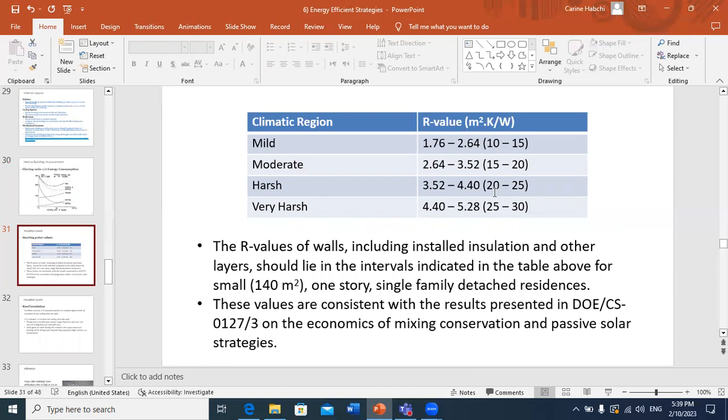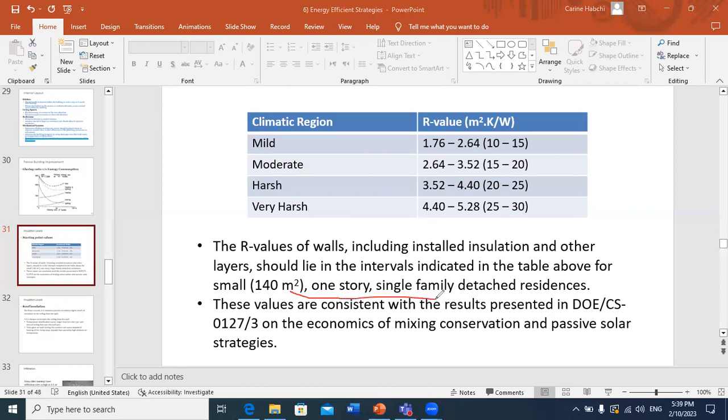Here, for example, we are comparing the R values of walls, including installed insulation and other layers, that should lie in the interval indicated in the table for a small residential building of 140 meters square, one story, single family. As you can see, the specification of the building should also be given, because each type of building will impose different restrictions.